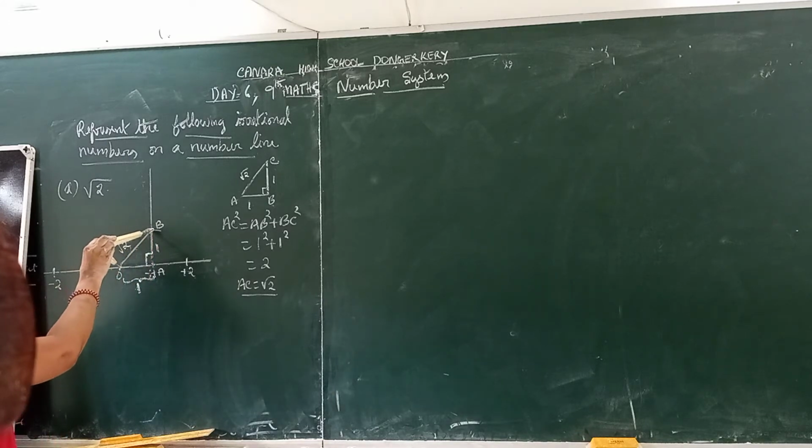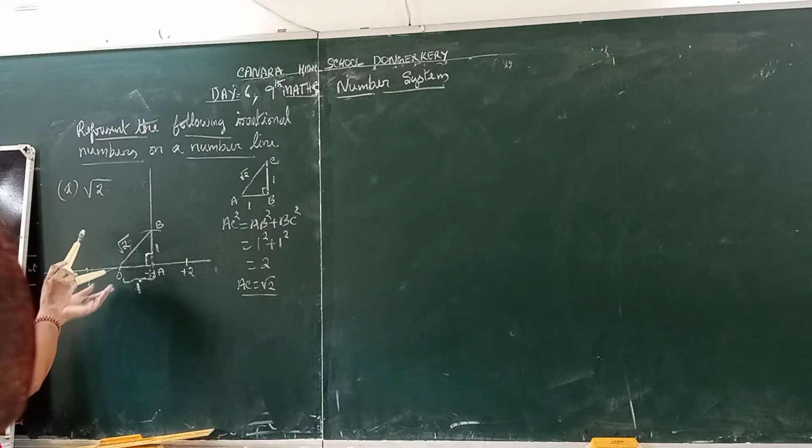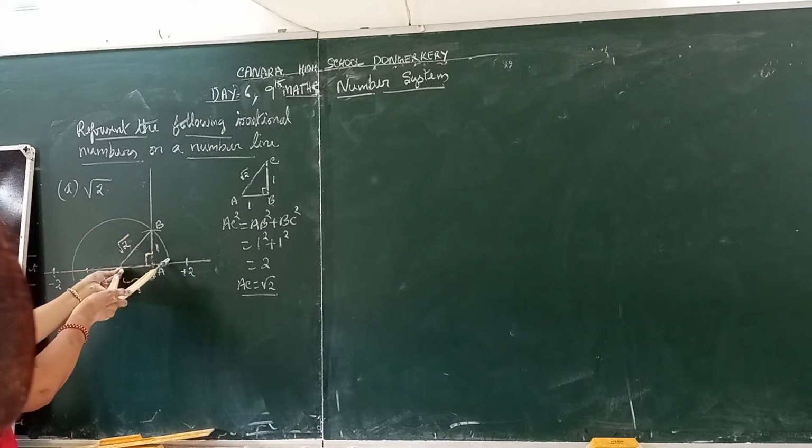Take 0B in the compass. Our compass center is 0, O. Center is always O, no? Here 0 is O. Draw a semicircle passing through B.